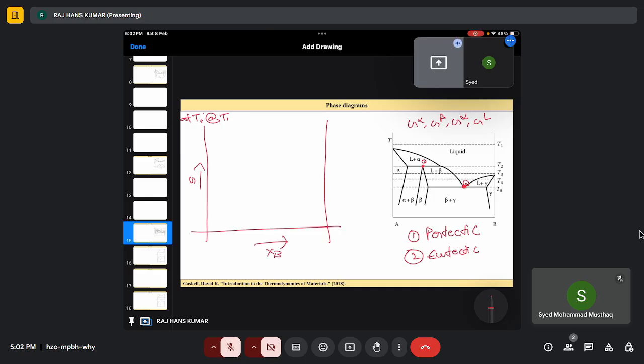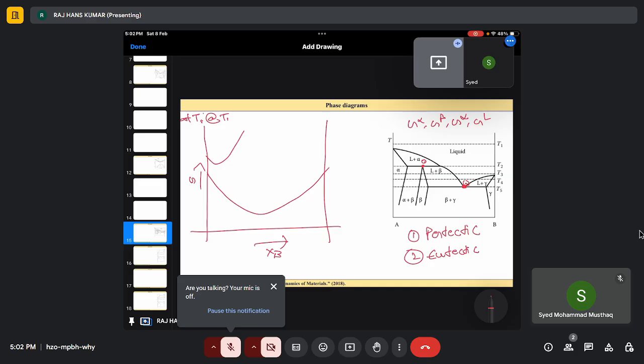So at T1, my liquid is more stable and all other are not, right? So this is my G alpha, G beta, and this is my G gamma, this is my G beta.